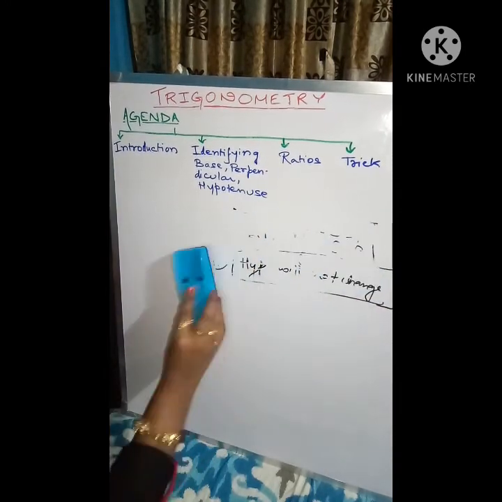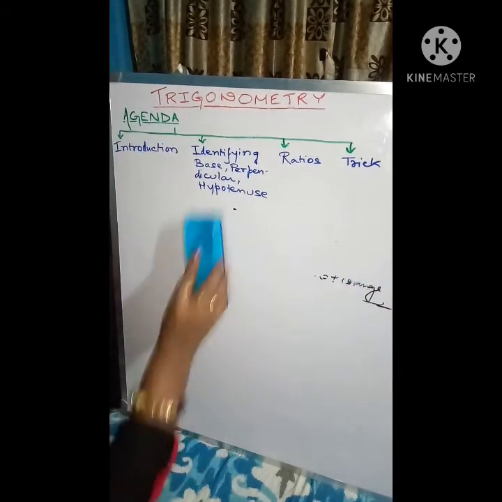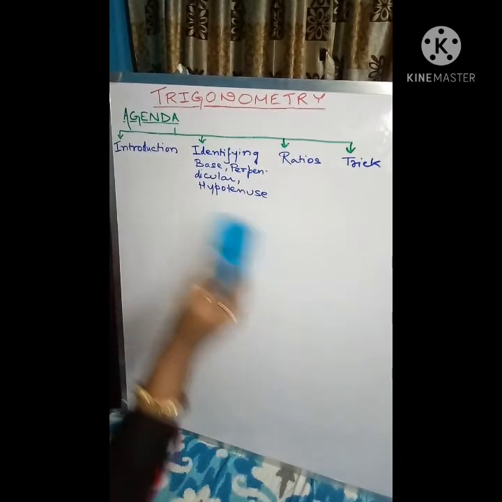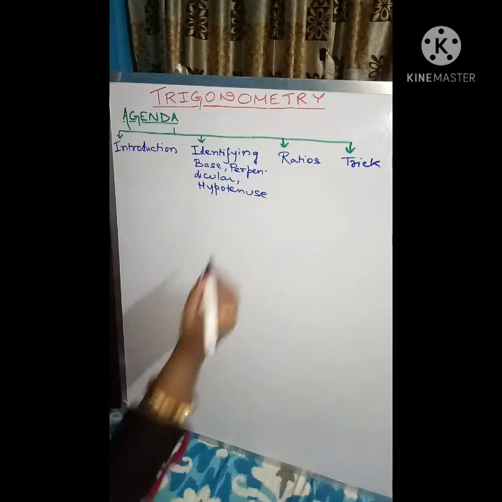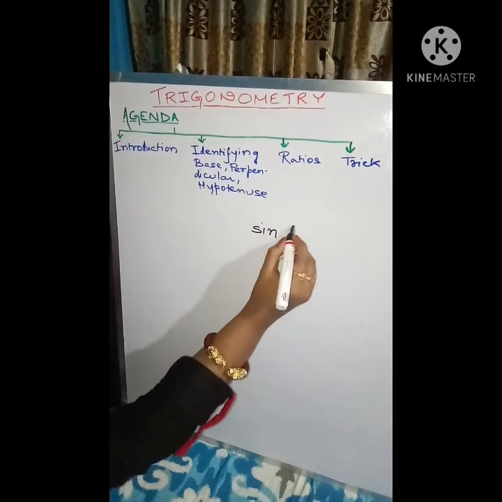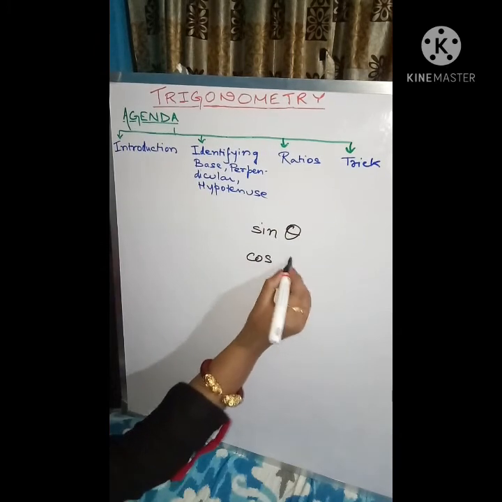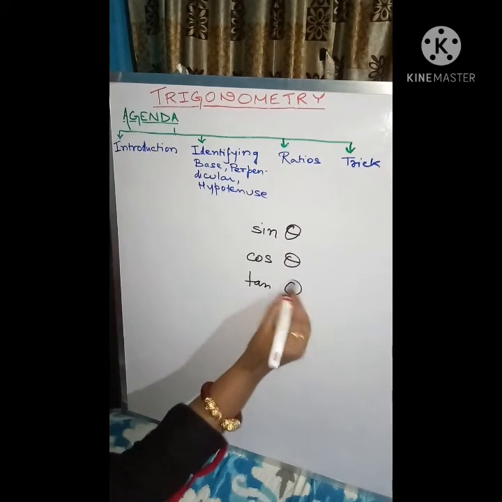For that, let me rub the board first. We have to learn about only 6 trigonometric ratios. The 6 trigonometric ratios are: sin theta, number 2 is cos theta, number 3 is tan theta.